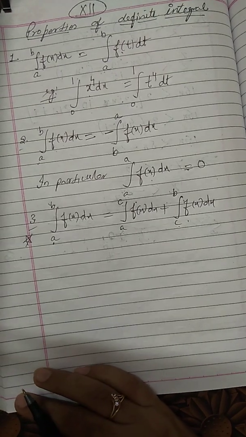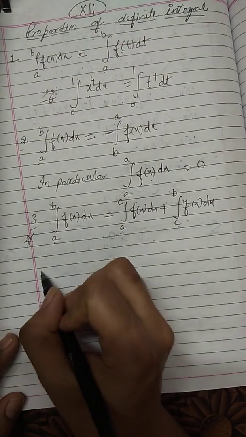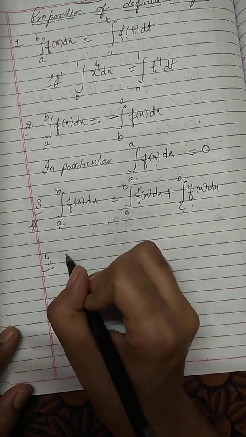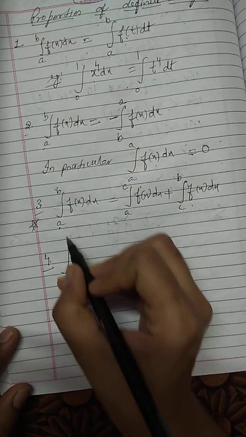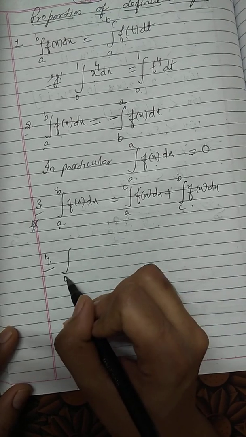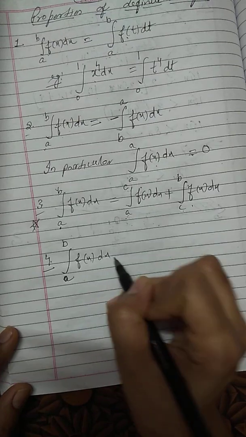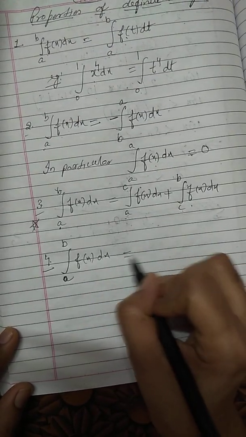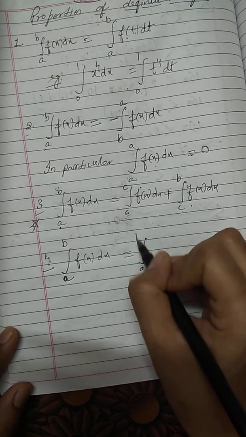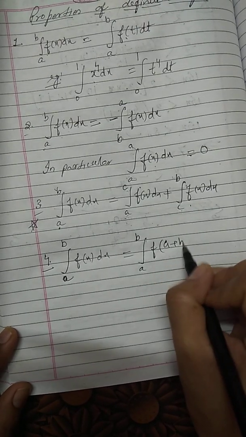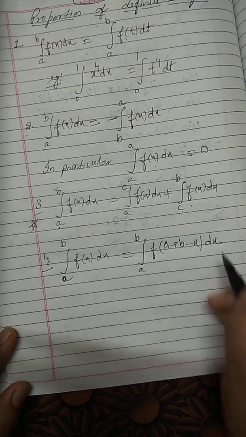Okay, and now the next property, property number 4. What is this? If I have the integral from a to b of f(x) dx, then this will be the same as the integral from a to b of f(a plus b minus x) dx.